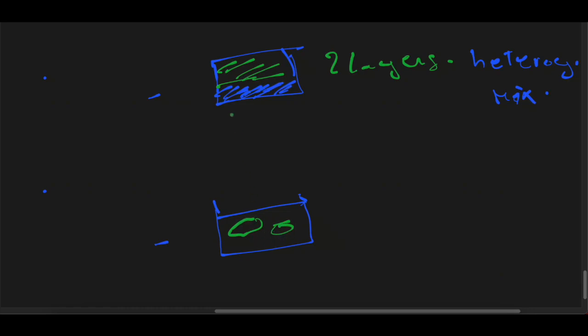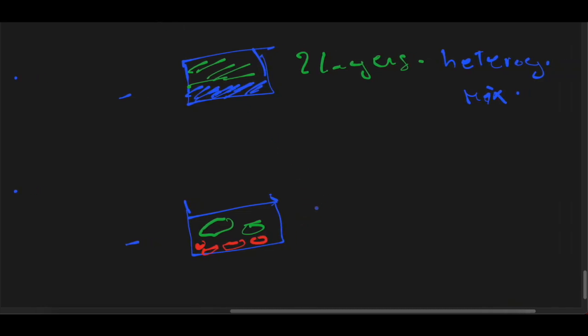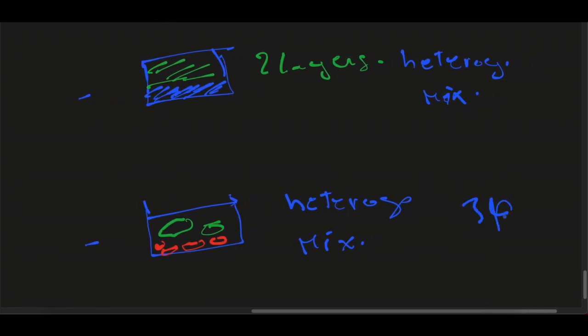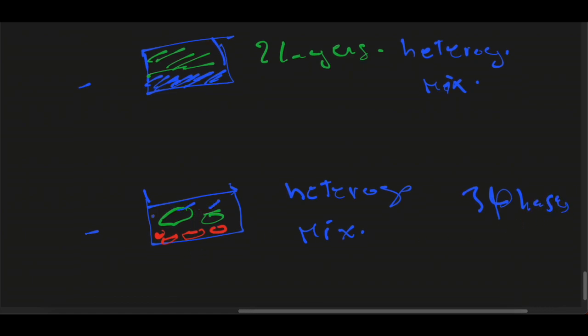So we have two phases, two different substances, and we add a third substance, which is pieces of metal. So we have here a heterogeneous mixture with, let's say, 3 phases. We have 3 phases in this mixture.